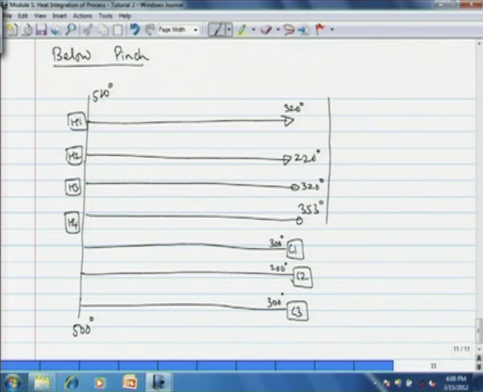I shall also list the Cp values and delta H, the heat available or surplus with each stream.